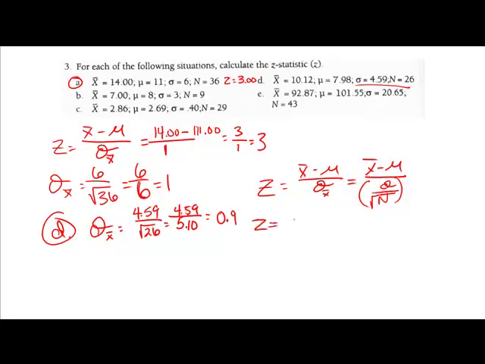Z equals 10.12 minus 7.98 divided by 0.9. First start with the numerator. 10.12 minus 7.98, 2.14 divided by 0.9.